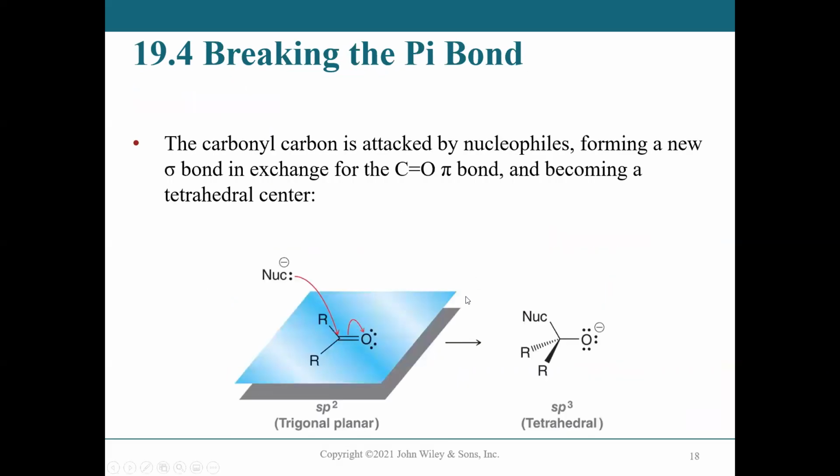So the carbonyl carbon is attacked by nucleophiles. If you have a good nucleophile, you can attack that carbonyl right here. Remember the Grignard reagent in problem 25 from chapter 18, the Grignard comes in here and does a nucleophilic attack.